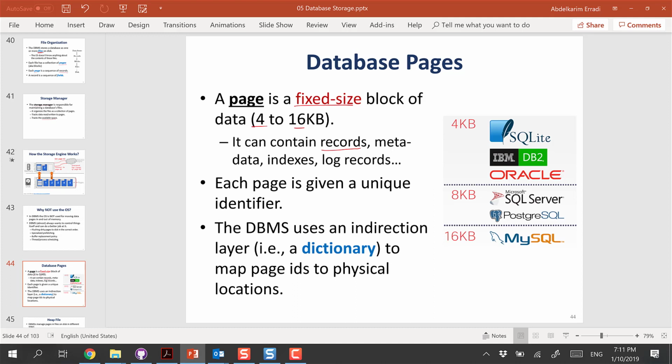All this metadata gets stored on pages. So pages are not only used to store data itself, they could also store metadata, and they could store indexes. Indexes, we'll spend a lot of time discussing indexes. Any idea what an index is? Similar to what you have in the back of your book. What do we have in the back of the book?